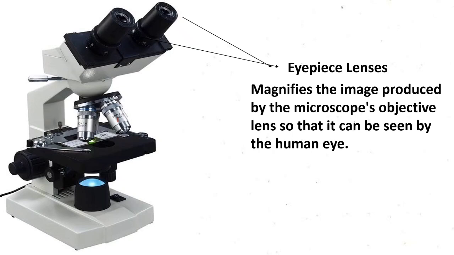This is the objective lens. Whatever image is produced by the objective lens will be magnified by the eyepiece so that it will be very easy for the eyes to see it clearly. So that is the function of the eyepiece lens. I hope you understand that now.